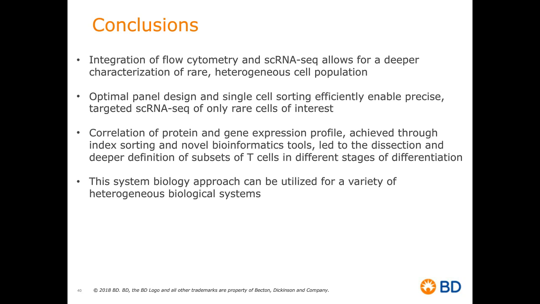Furthermore, we show the correlation of protein and gene expression profiles that we were able to achieve through index sorting and novel bioinformatic tools led to the dissection and deeper definition of subset of T cells in different stages of differentiation. And of course, this was used as a model system just to emphasize these technologies and this approach, but the same approach can be utilized for a variety of heterogeneous biological systems.